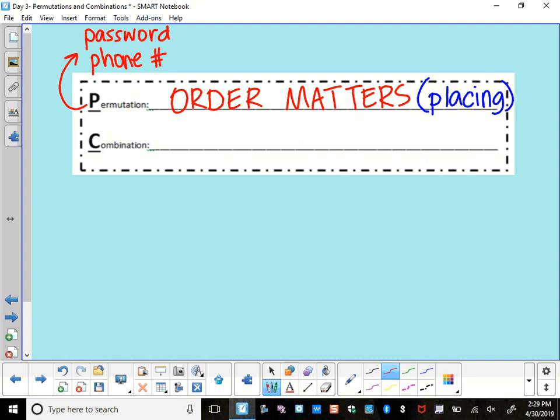What about people with roles? I want you to think about this. So imagine if every student wants to vote to see who's going to win class president. Okay? Order would matter there because whoever has the most votes would be the president. Does that make sense?